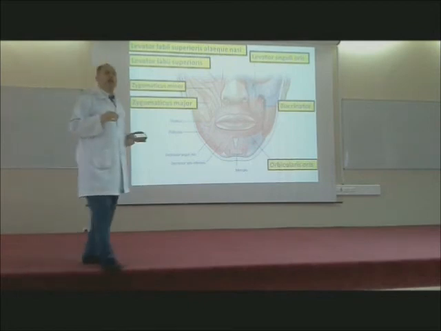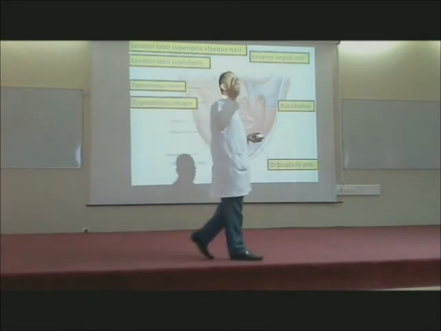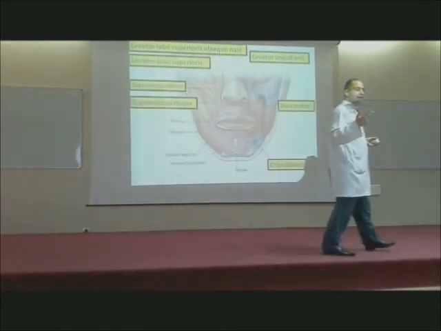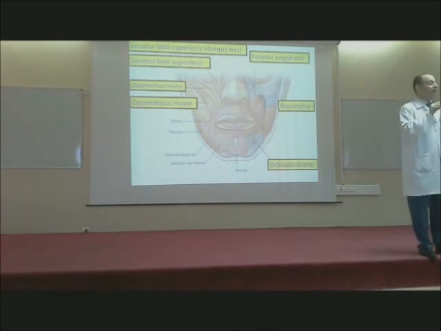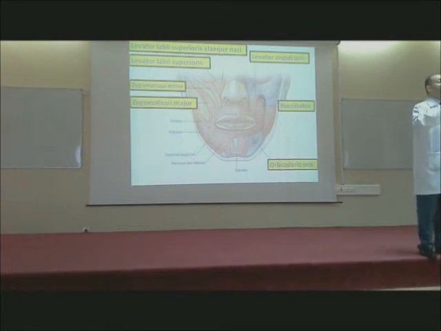Actually, the oral cavity has 2 parts. That part of the oral cavity outside the teeth, and the other part to the inside of the teeth, which is larger. The inside of the teeth is named the oral cavity proper. The outside of the teeth is named the vestibule of the mouth.